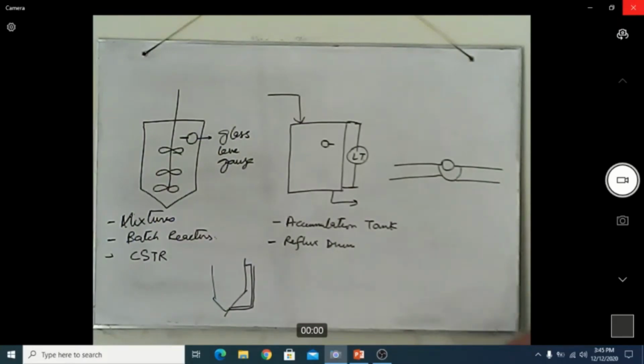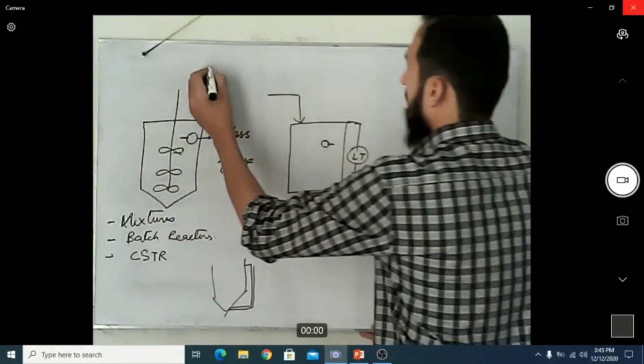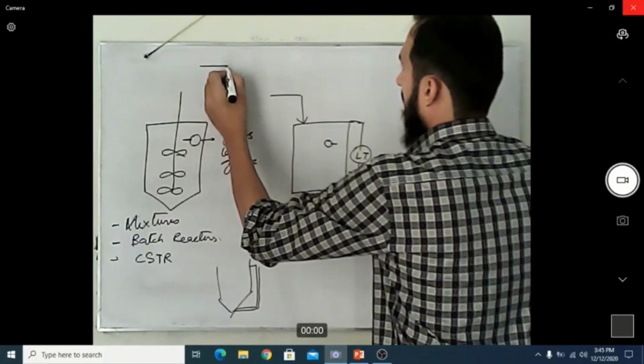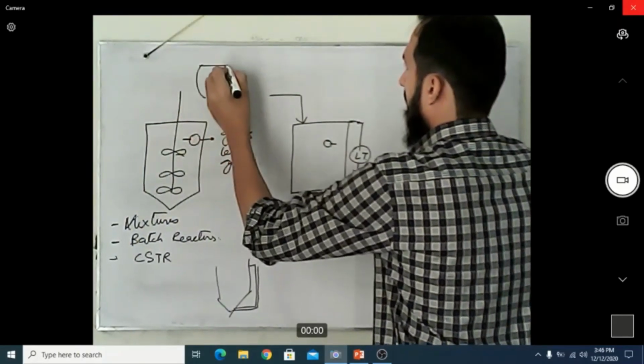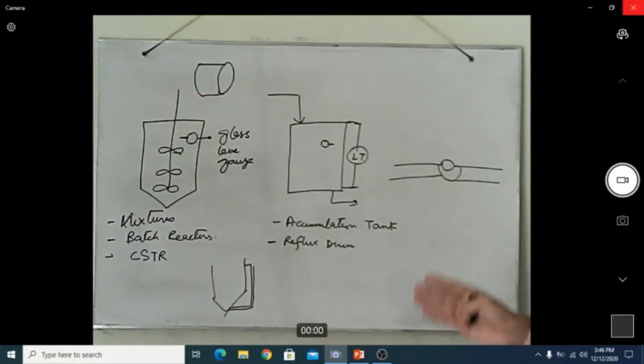On the other hand, if you just place a glass level gauge, which you can manufacture up to the specified demand, with increased thickness and improved mechanical properties, it can bear even higher pressure. I was able to get its picture on Google, so that's why I'm representing it here.